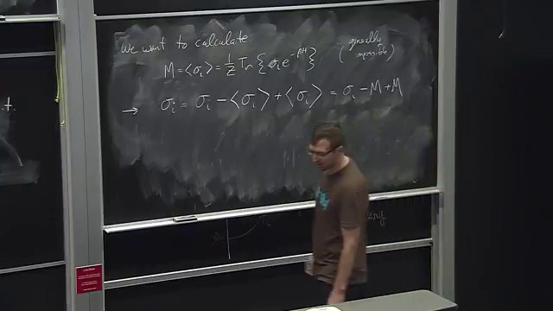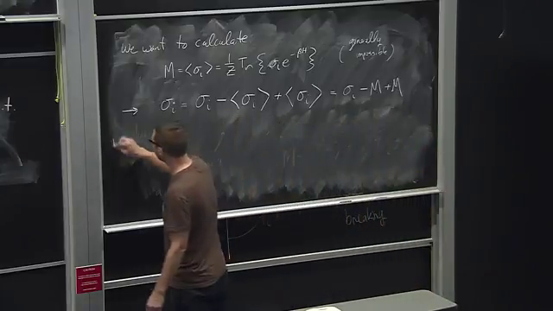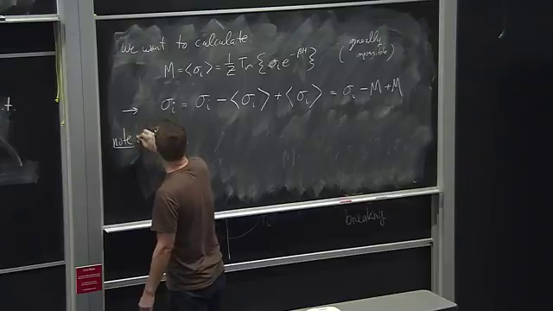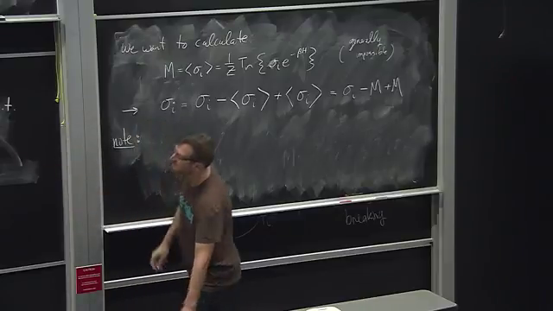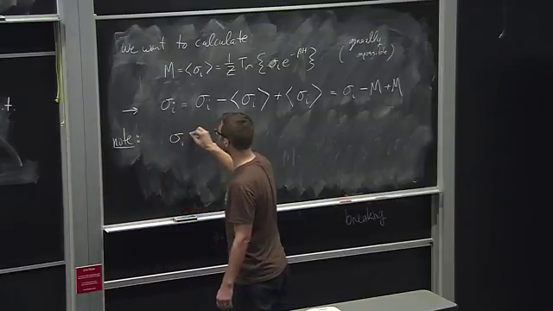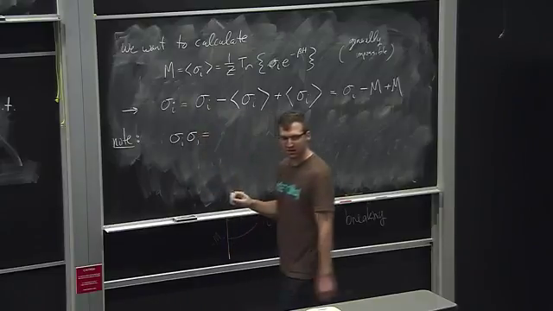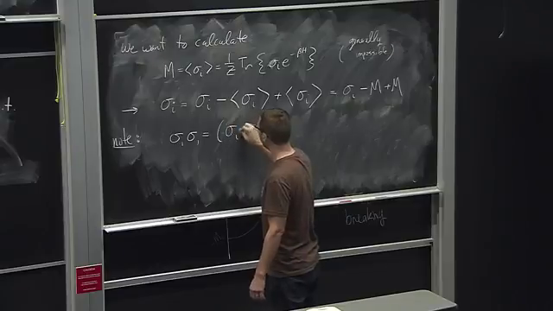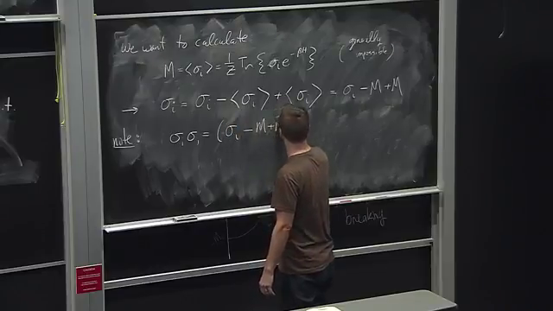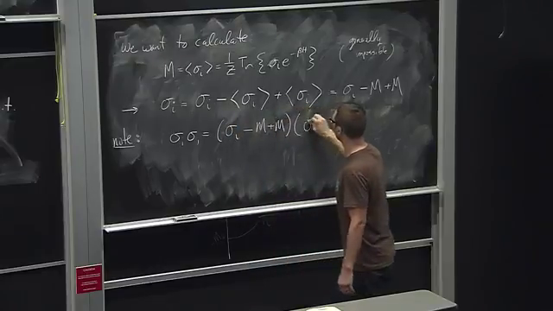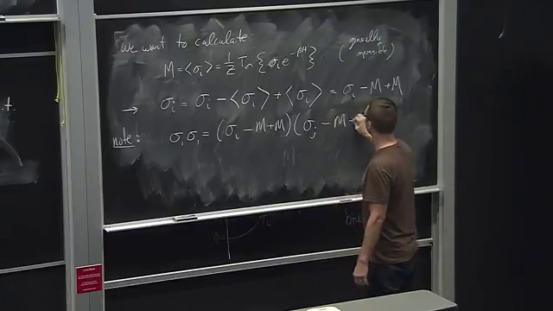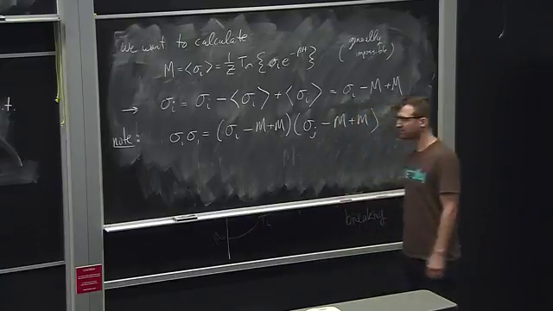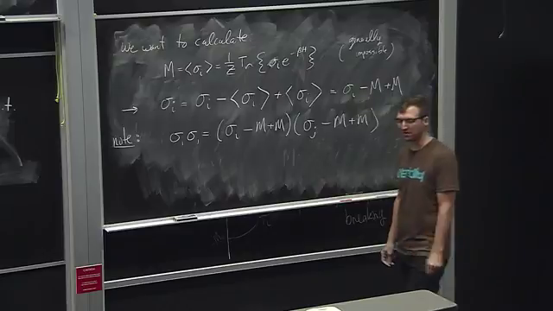Okay, let me substitute this directly into the Hamiltonian and note that the important term in the Hamiltonian is sigma i, sigma j. This interaction term is actually what's difficult to solve. Okay, let me write this out.